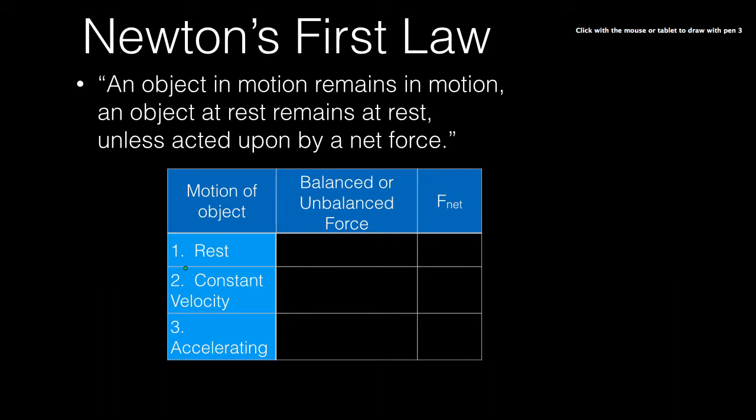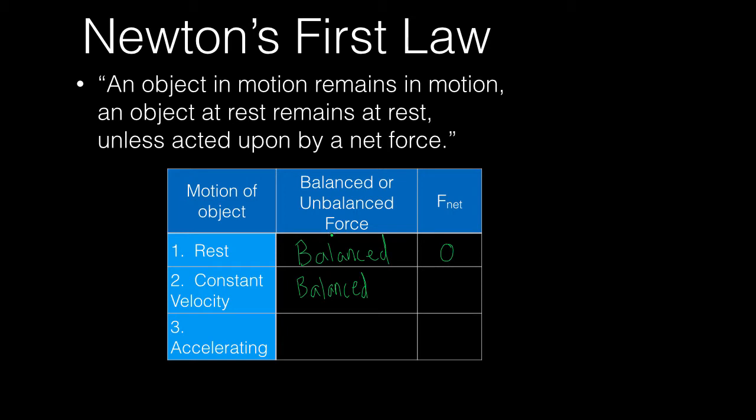Okay, so let's start with when an object is at rest. The forces that are acting on that object have to be balanced for it to be at rest. So balanced goes here. And if the forces are balanced, there is no net force, so the net force is zero. For an object moving at constant velocity, say like 65 miles per hour, the forces acting on that object are also balanced.